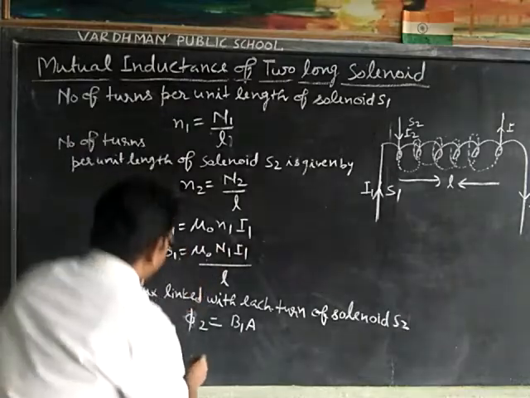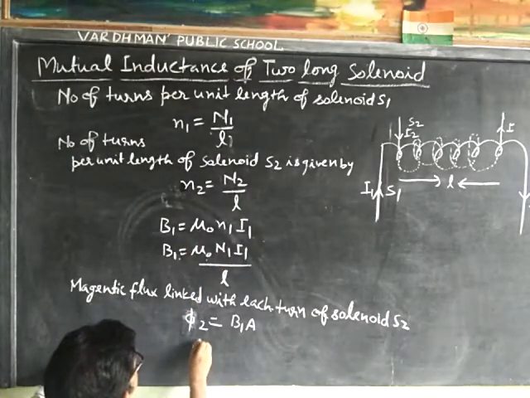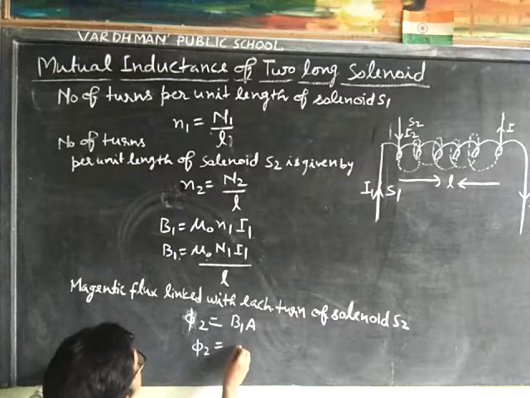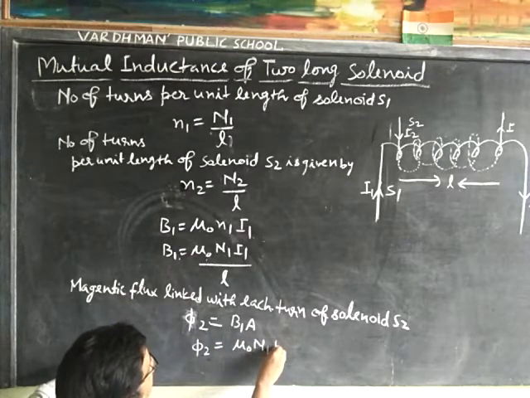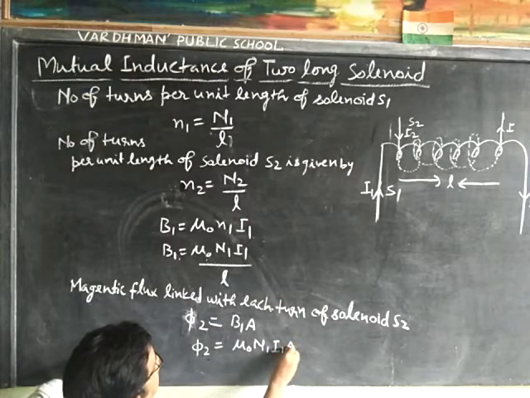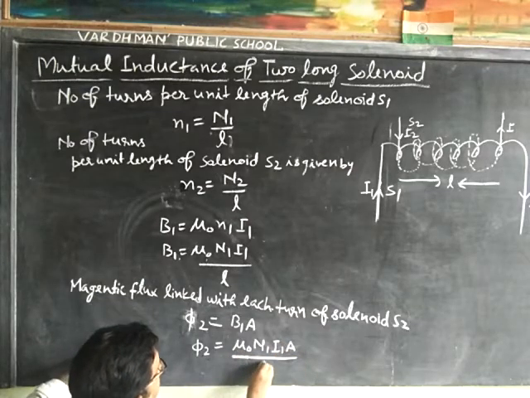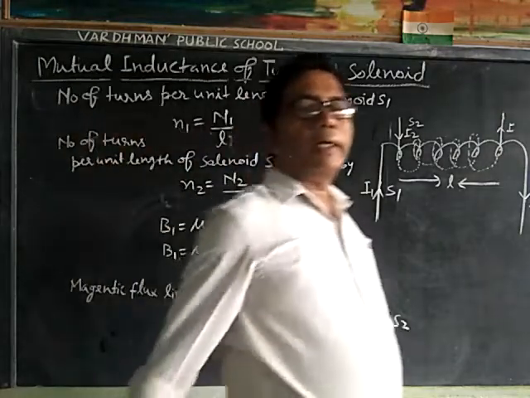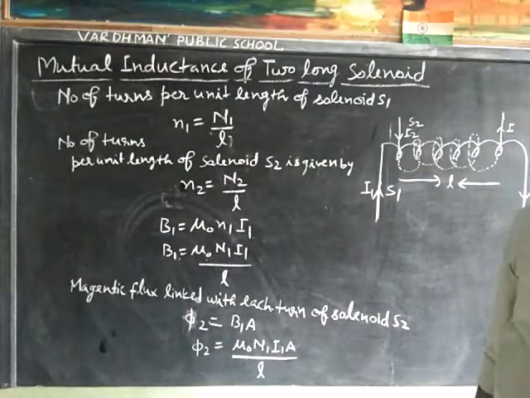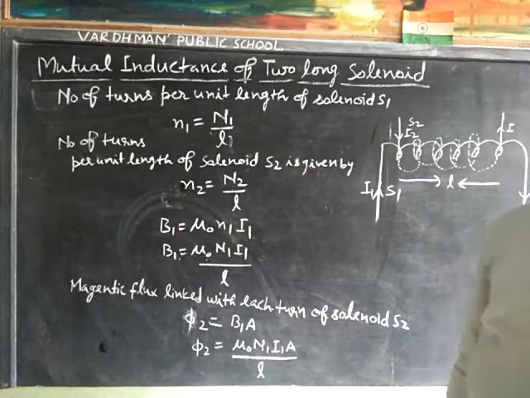Then phi 2 is equal to mu 0 N1 I1 A upon L. This is the magnetic flux linked with each turn of solenoid S2.